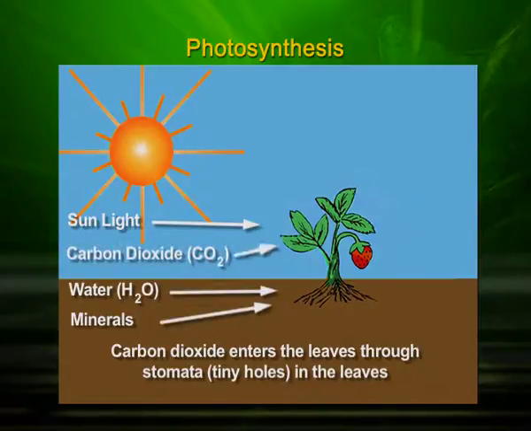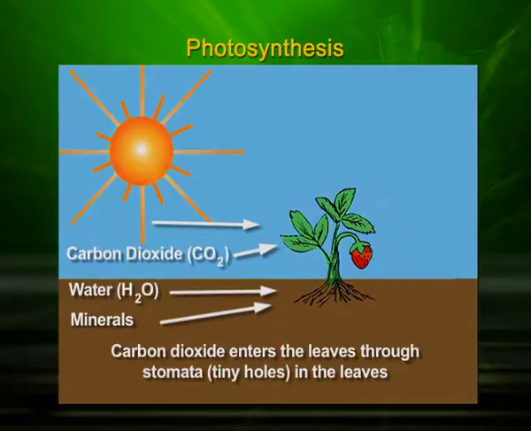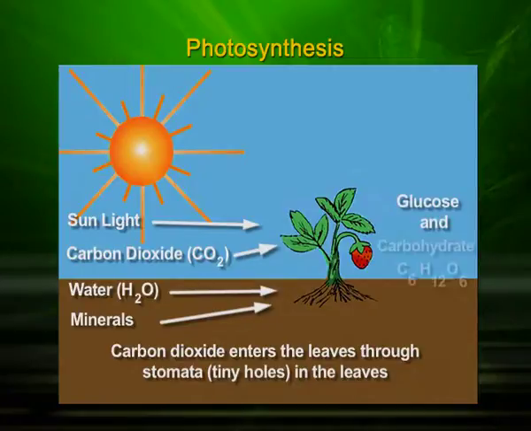Carbon dioxide is absorbed from the atmosphere, and when these two items are available, that is H2O water and CO2 carbon dioxide, in the presence of sunlight, it is converted to glucose or carbohydrate C6H12O6 plus oxygen O2.